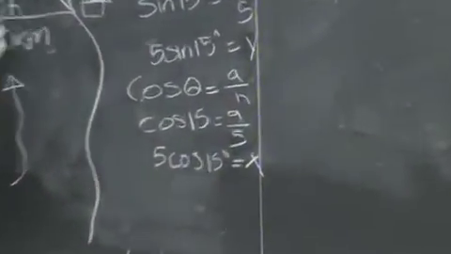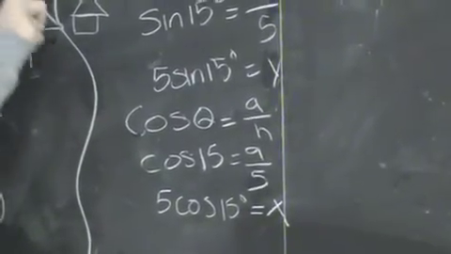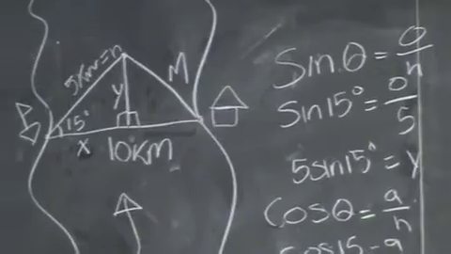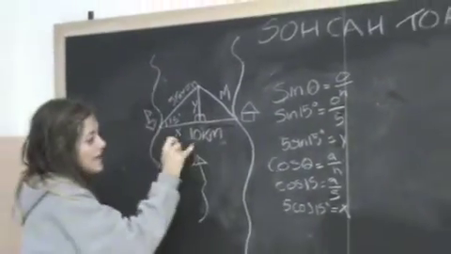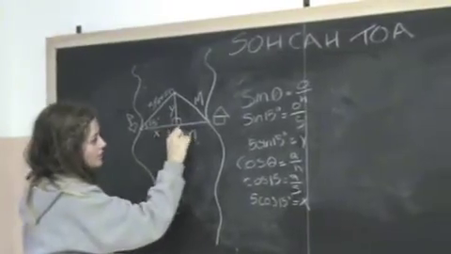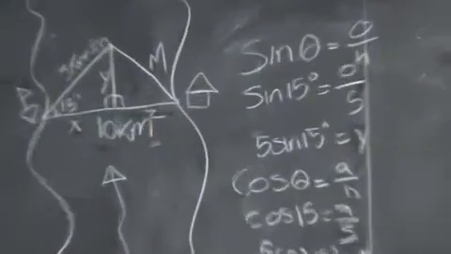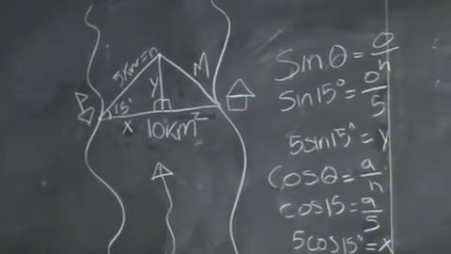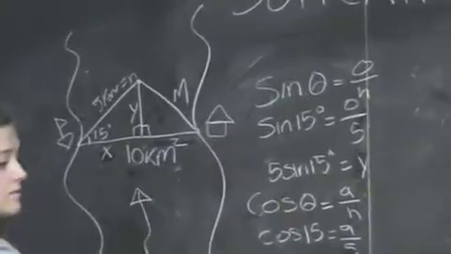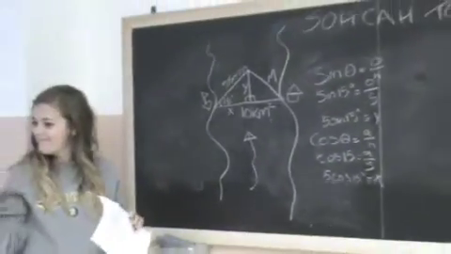So now that you have these 2 sides, you then need to figure out your next side on this triangle. So the way to do that is you know that this whole length is 10. And you know that if we call this half of that length z, you then know that x plus z has to equal 10. So you already know x, so then what can you do? 10 minus x.